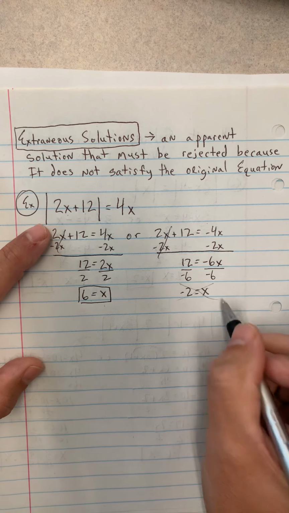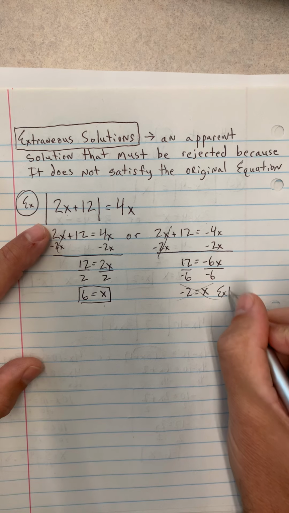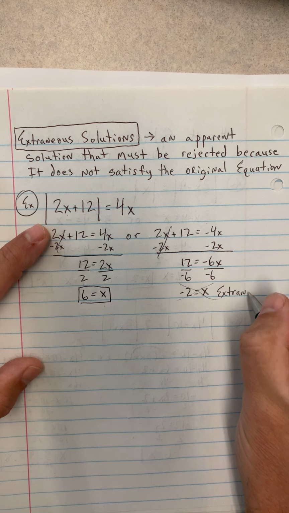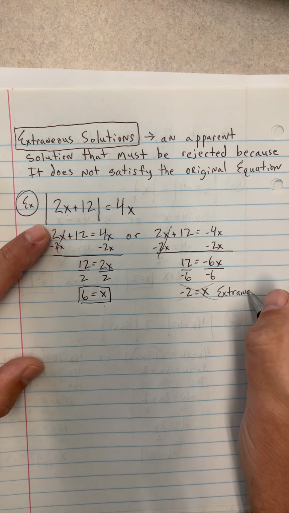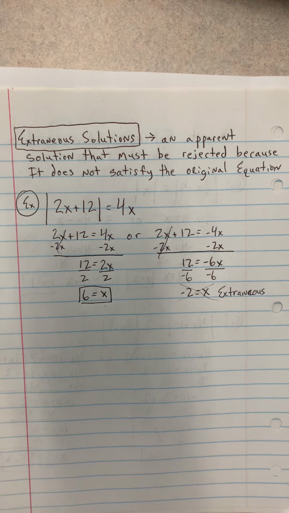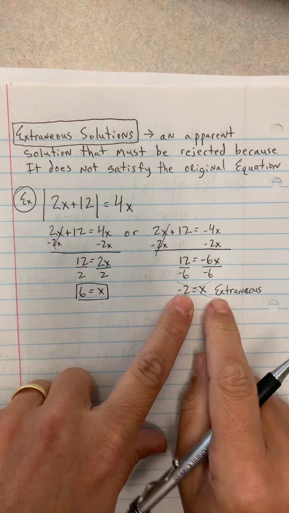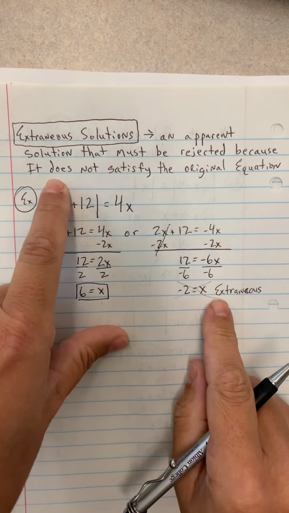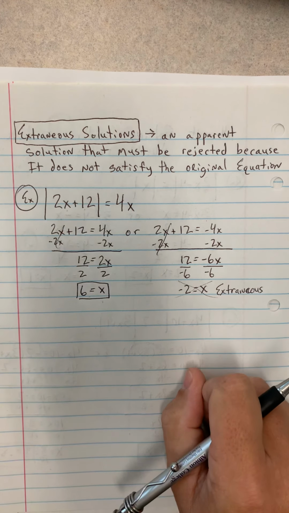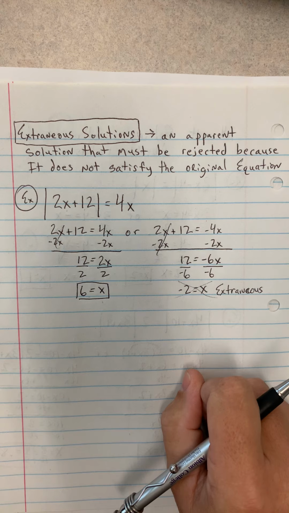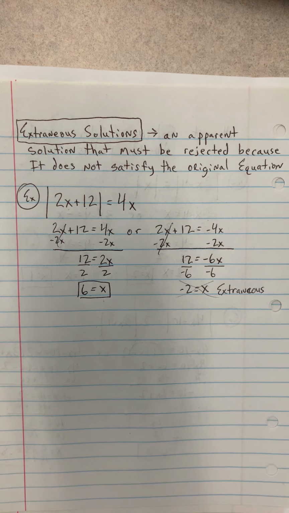This answer is extraneous. It's an extra answer. It's an apparent solution, but I need to reject it because when I plug it back in, it doesn't satisfy the original equation. That's why we check it.